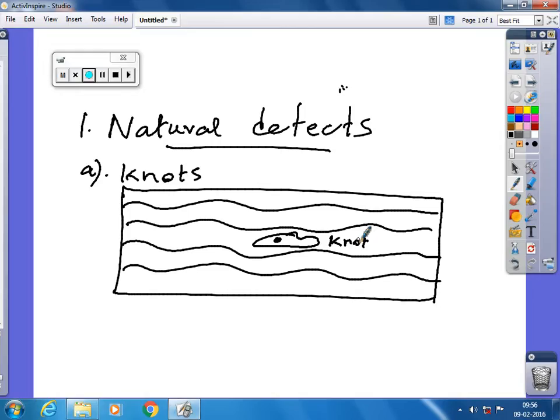And what else about knots? It affects the tree from inside. Yeah, inside the annual rings.